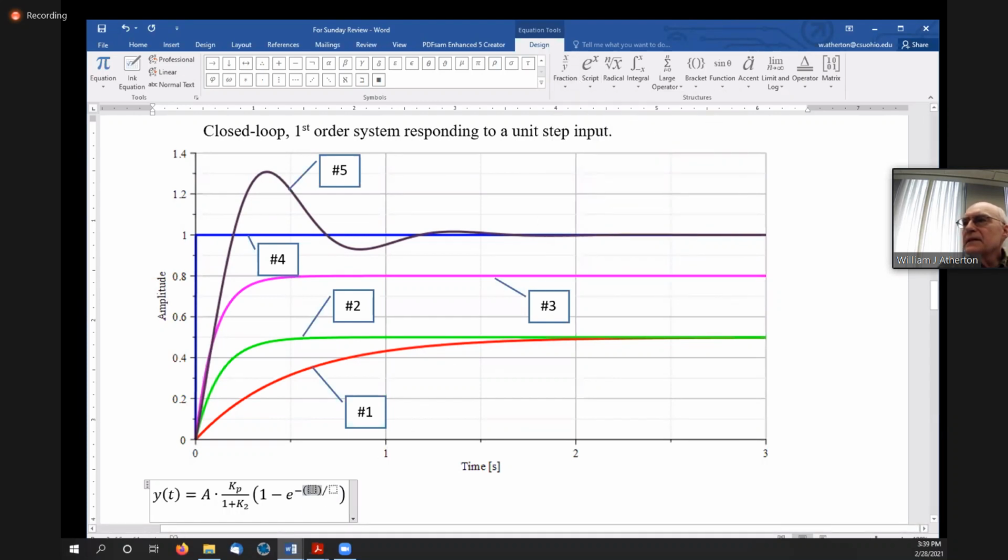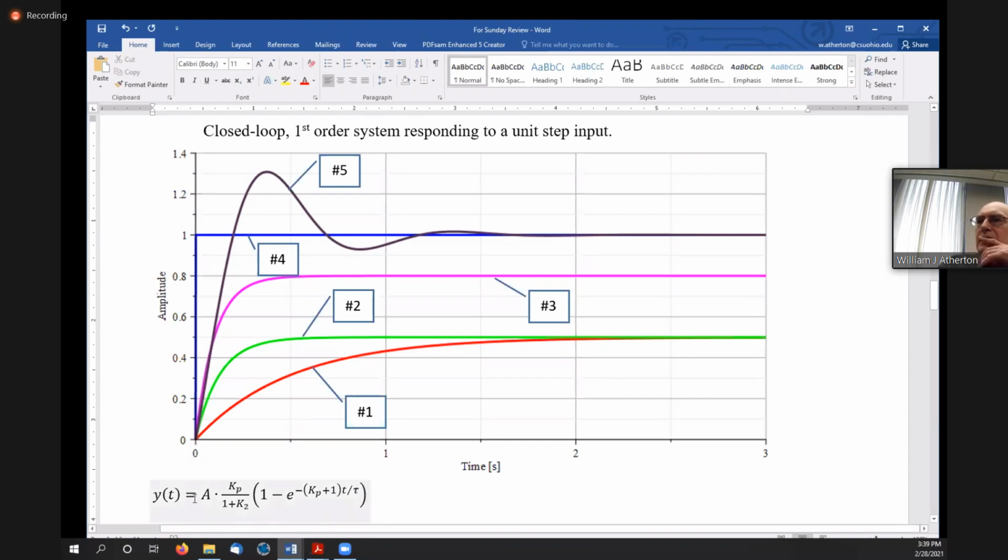This would be KP plus 1 times t divided by tau. There's tau. Okay, so this is what your time domain response looks like. That's what this equation looks like.